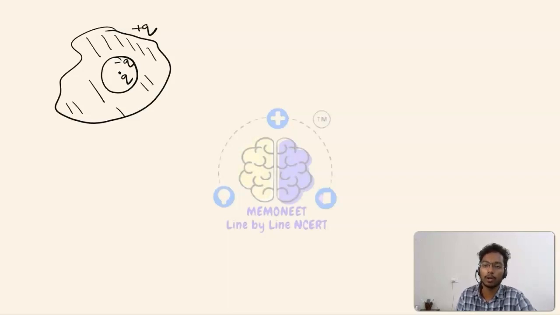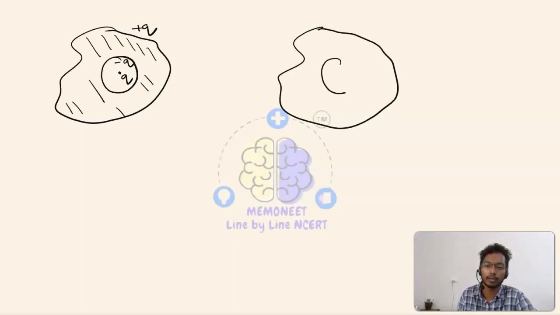But when we have, let's say, one conductor and another hollow one, and we have charge q here, and charge q is also present on the outer surface. The small charge q which is present inside will induce minus q on the inner surface, and this will also generate plus q charge on the outer surface.